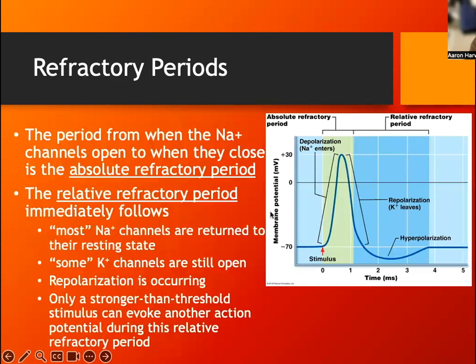So regarding the absolute refractory period, in this stage, you're basically during depolarization during the absolute refractory period from here to here. You are seeing large rushing in of the sodium at this time.